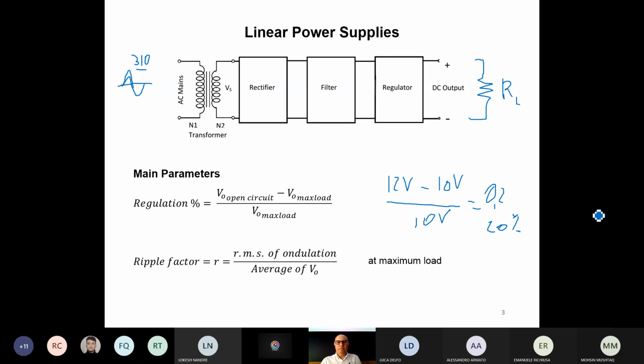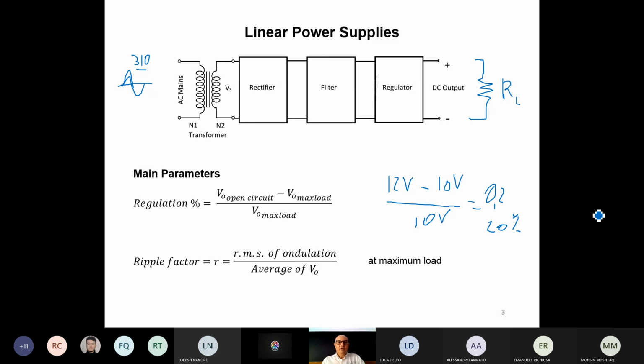So I was saying that what we'll find in a few moments is that the output voltage of a linear power supply has a fixed part, an average voltage, which we call DC output, and a ripple. By ripple, we mean the variation around this average voltage.